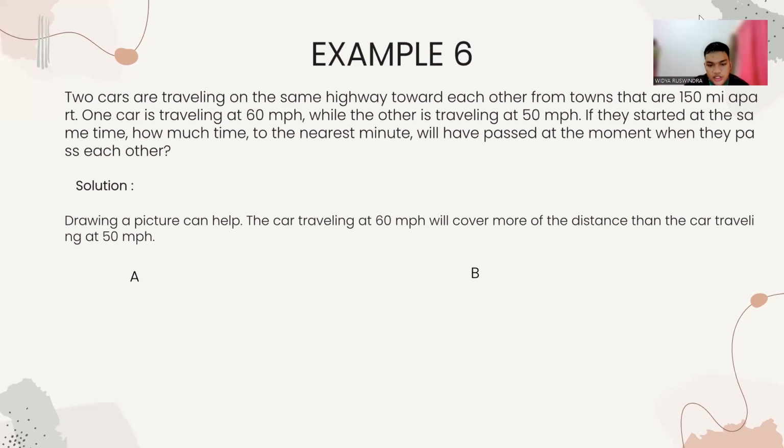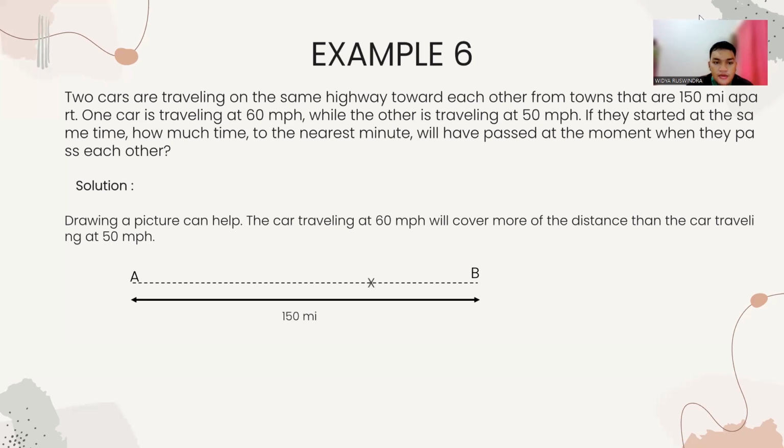This is a straight line. From A to B is 150 miles, and X is the point where the cars will meet.